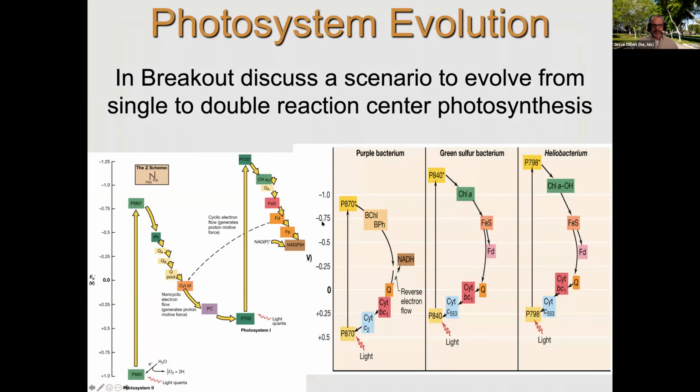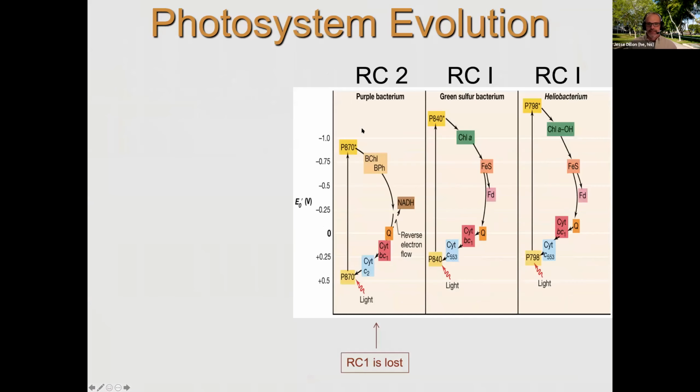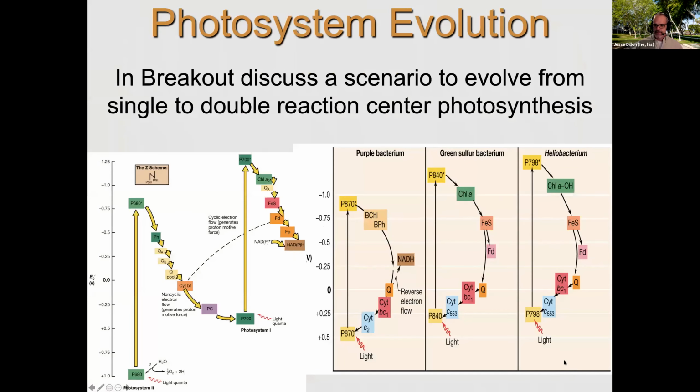All right, let's have a quick breakout. What I want you to do is look at this diagram, which is in your slides, and think about how we may have gone from the stuff on the right, single photosystems, to the stuff on the left.